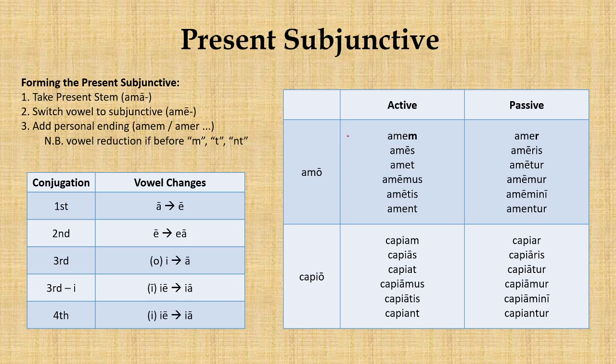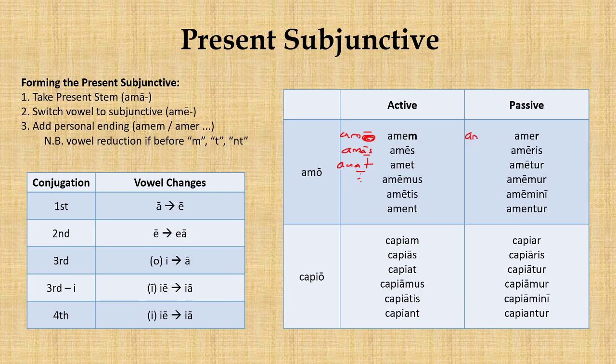So I haven't written the paradigm here, but if you'll just recall on your own, the paradigm for amo for the active is amo, amas, amat. But the key idea is this a vowel here.